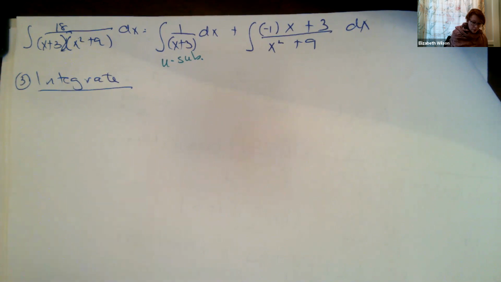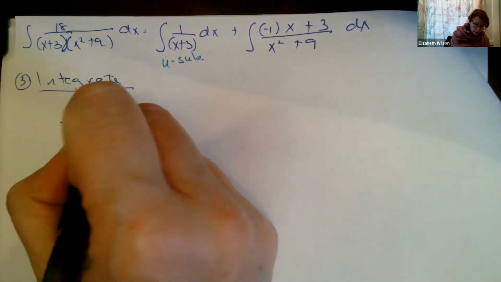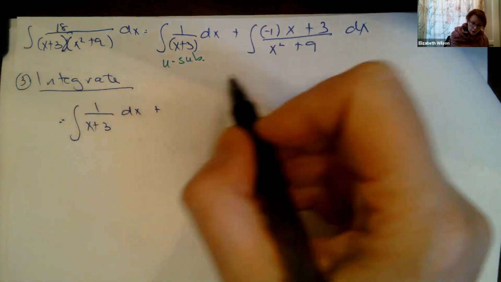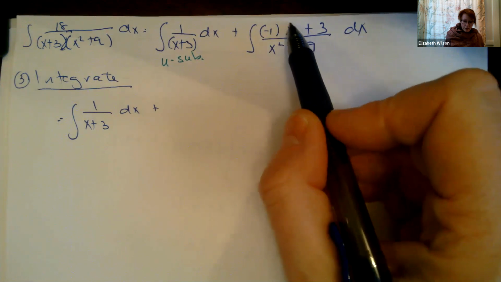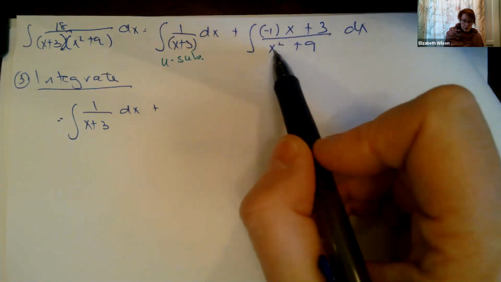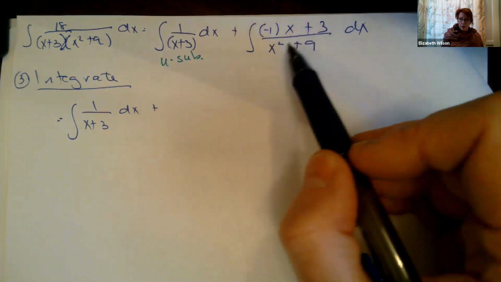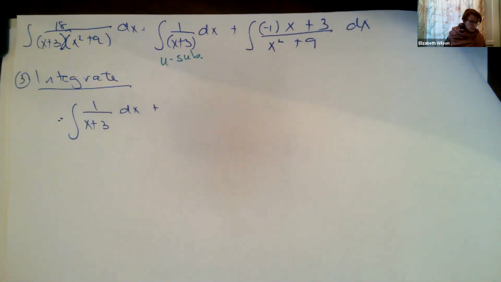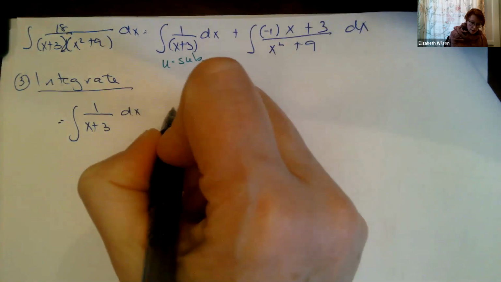So let's just write this out. So this is going to become integral of 1 over x plus 3 dx. Now what I need to do is I'm going to break this up into 2 different fractions. So I'm going to go x over x squared plus 9 minus, plus 3 over x squared plus 9. Okay, so let's write that out. I'm going to pull the minus 1 out.